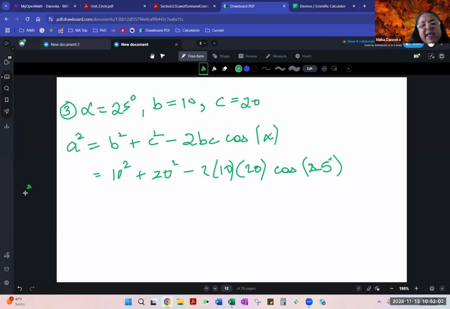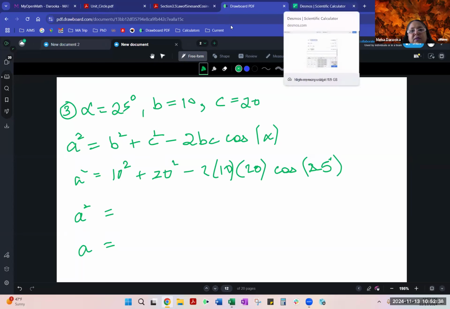So can you tell me what our A will come out to be once you simplify this entire thing? What are we looking at as the answers for A? And again, remember, well, let's finish finding A and then I'll talk about the rest of it. What are we coming up for our A value?